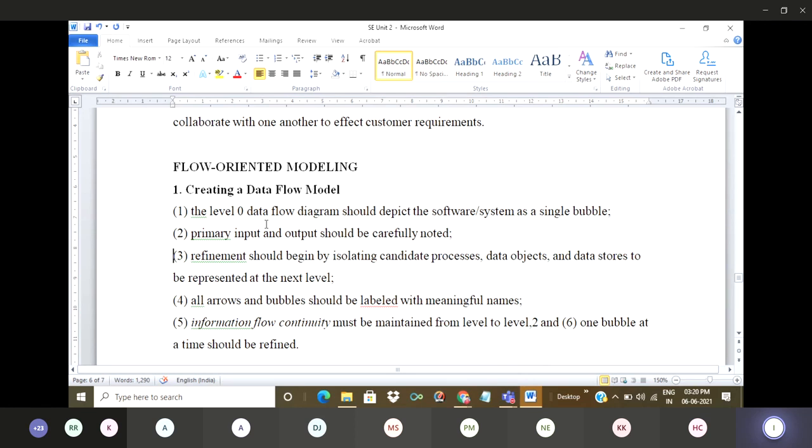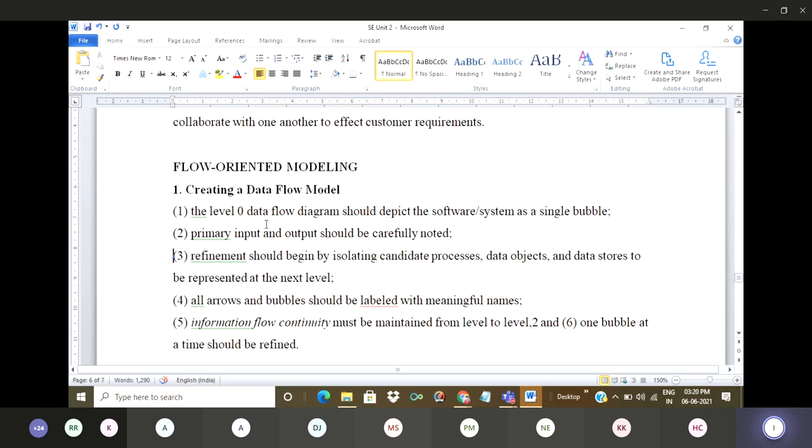Primary input and output should be carefully noted. Then refinement should begin by isolating candidate processes, data objects, and data stores to be represented at the next level. Fourth, all arrows and bubbles should be labeled with meaningful names.